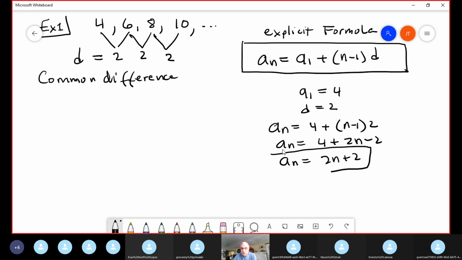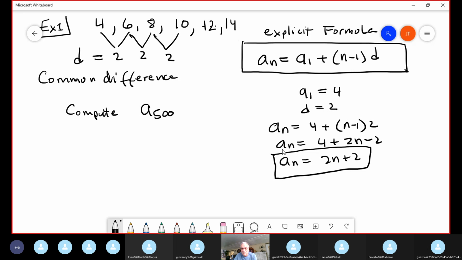So this is the formula that generates any number. For example, for N equal 1 it is 4, because plugging in 1, 2 plus 2 is 4. Plugging in N equal 2, 2 times 2 is 4, plus 2 is 6. And this is the formula that generates the sequence. Suppose that I ask you in the test to compute the 500th element. You don't continue the stupid way, 12, 14.